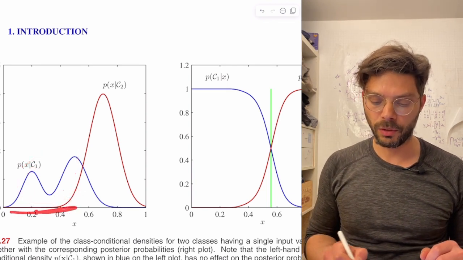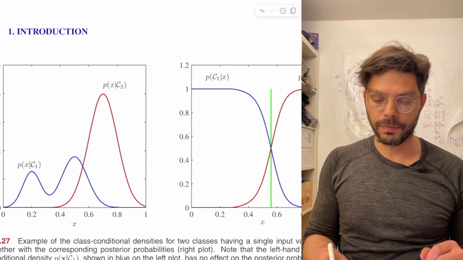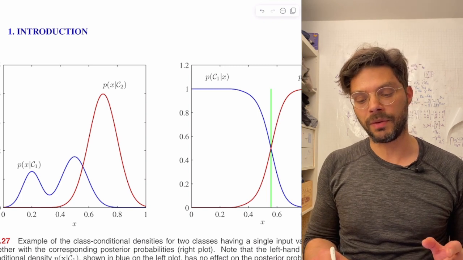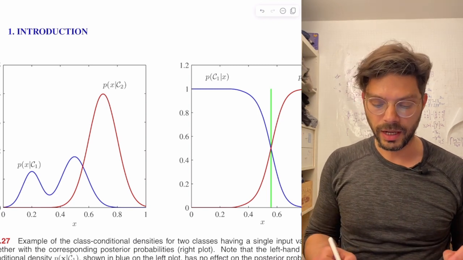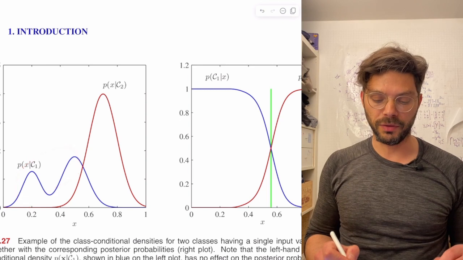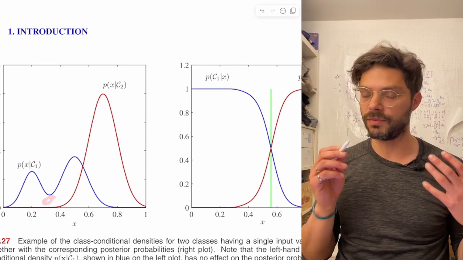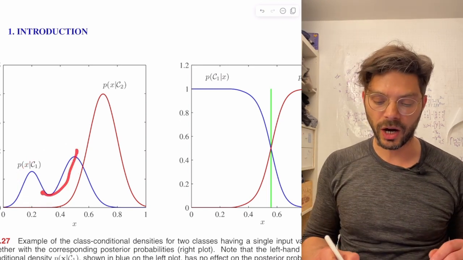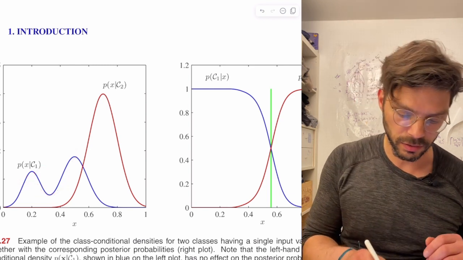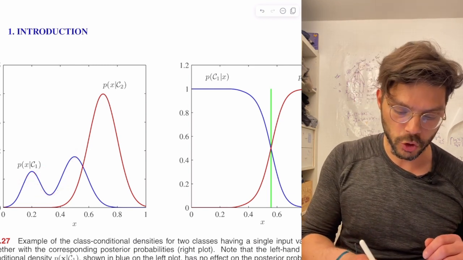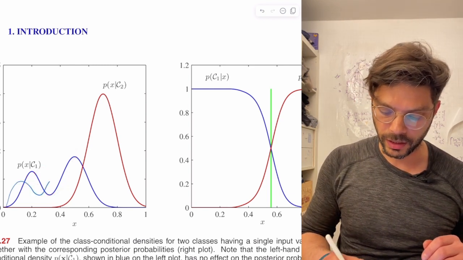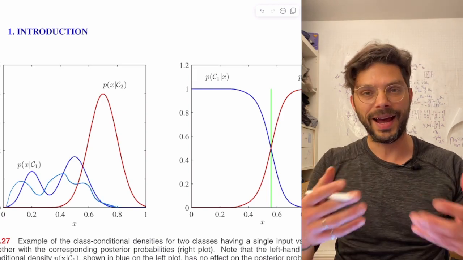And for example, in this whole region, the probability of data coming from class 2 is basically 0. So if you observe any data coming from here, it's very likely it's coming from class 1, regardless of the exact shape of that data set. The shape could be something else, like this, and it wouldn't matter.